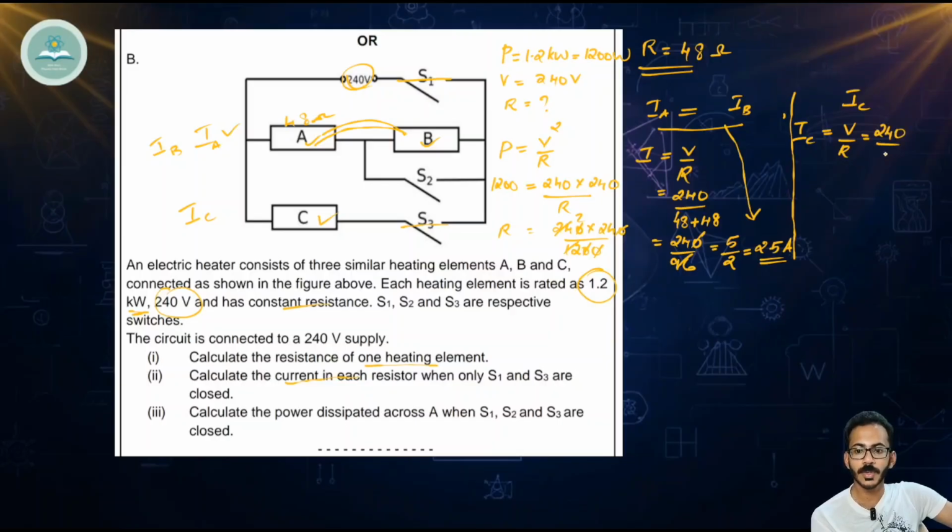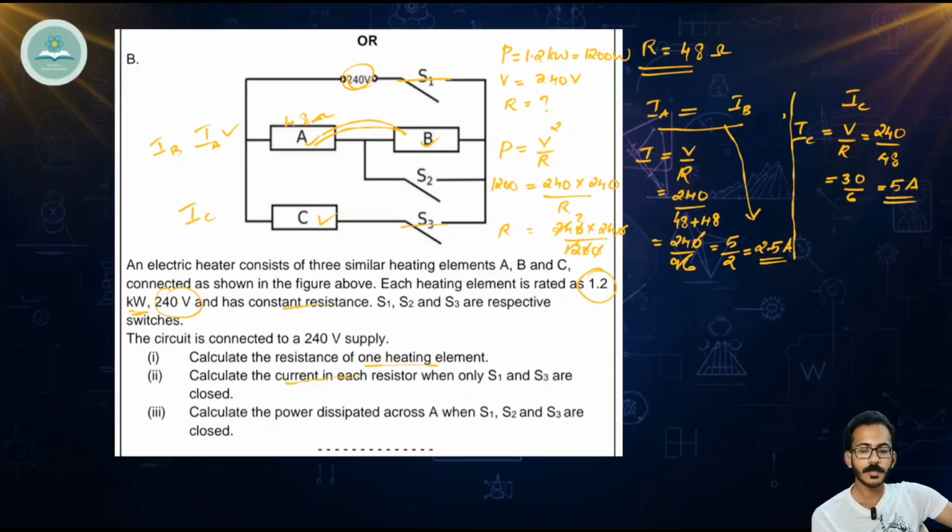Each resistor is 48. We got it in the beginning. So 240 divided by 48. When we make it short, we'll get 30 by 6, which is equal to 5 ampere. So here it is 2.5 ampere and here it is 5 ampere.